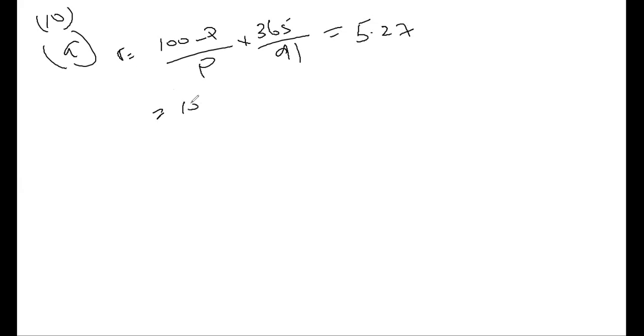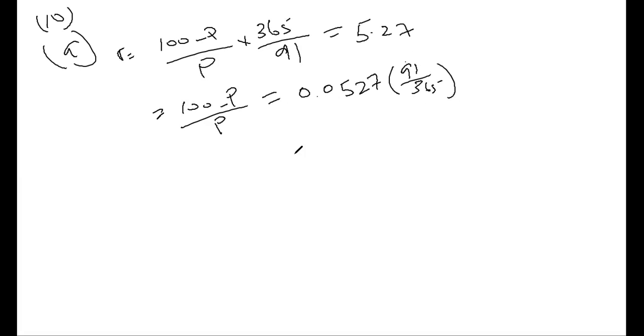So 100 minus P over P equal to, and I'm going to change this to a decimal, so that becomes 0.0527 and 91 over 365, right? Yeah.